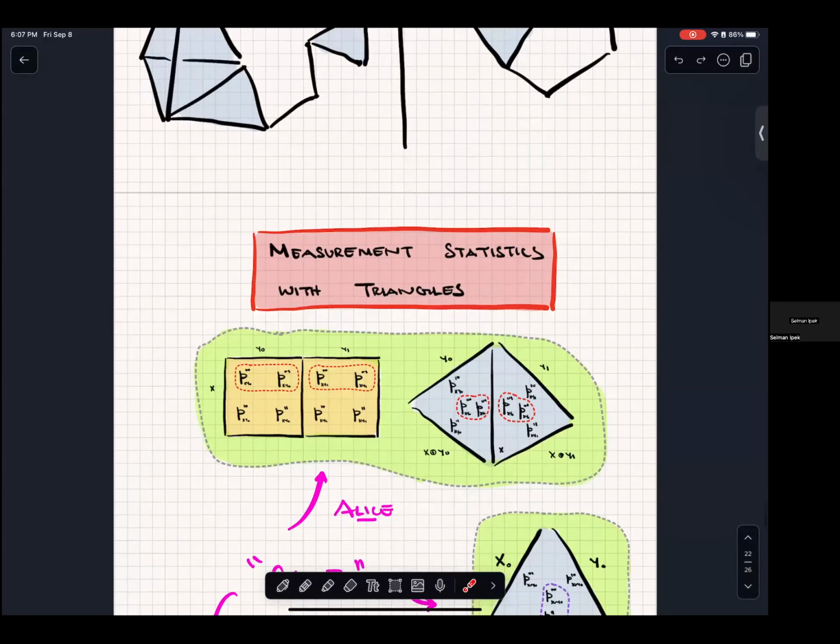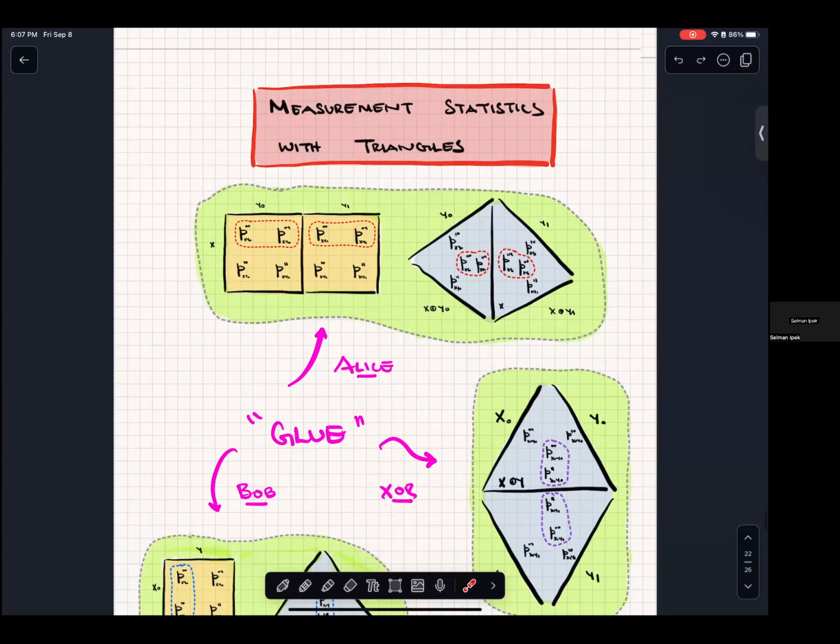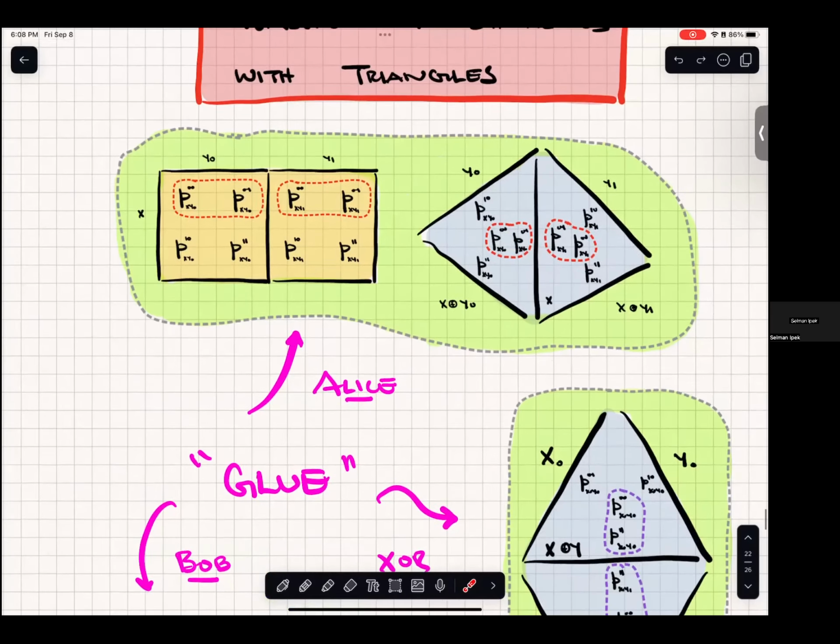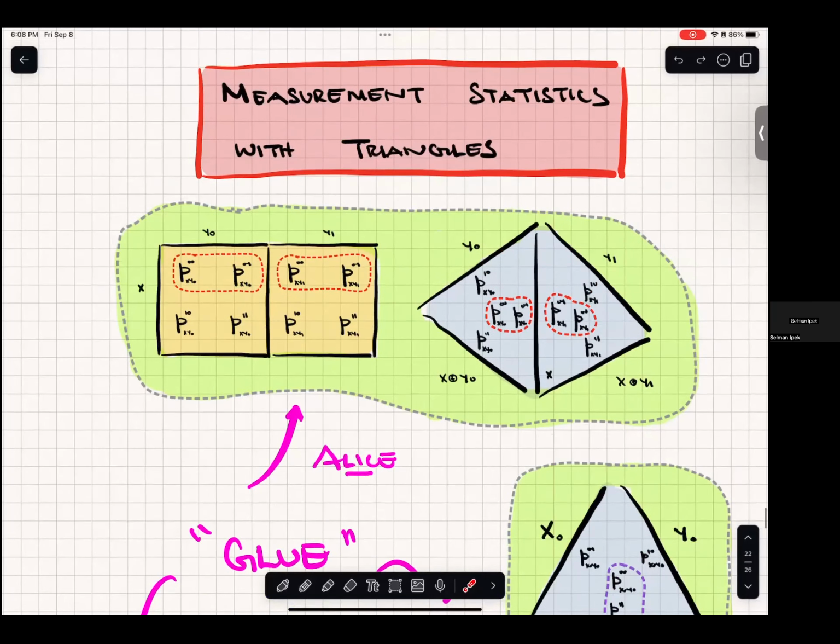So how does this work? We could do, for example, that Alice has one measurement, Bob has two measurements, and non-signaling just means that I sum up these two numbers and these two numbers. I can do the same exact thing with triangles. Now at the intersection of these two triangles is the measurement x.